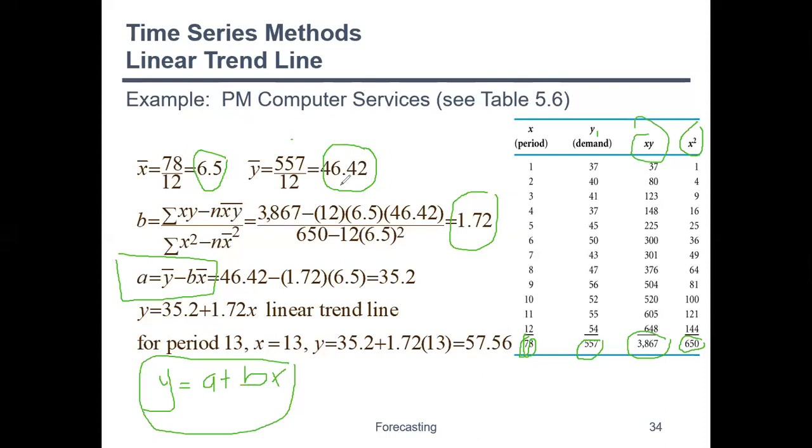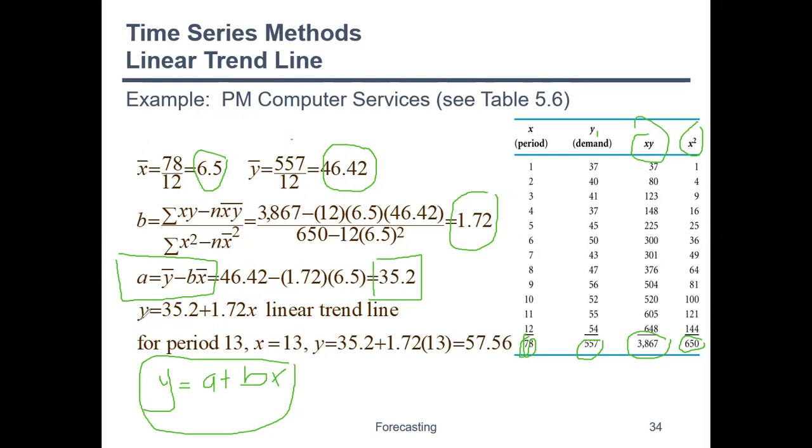So our y bar was 46.42. That's the mean of y. Minus our B, which was 1.72, multiplied by our x bar. Our x bar was 6.5. That gives us 35.2.